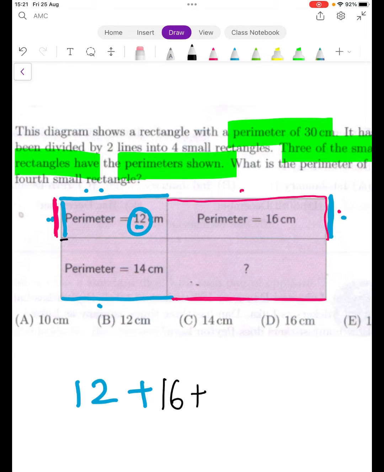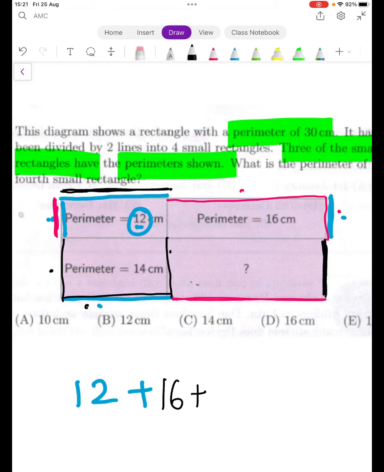Now let's have a look at the next one. So this is made up of this plus this plus this plus this, so this is 14. Again, I'm not going to touch this side and this edge. Think about this edge is the same as this, so I'm going to translate it, move it here and remove it from here.